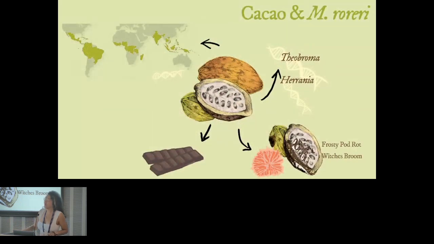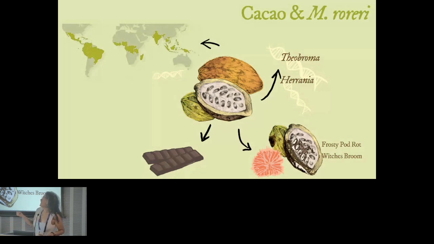Up to date, we have a lot of outbreaks of Moniliophthora roreri in cultivars of cacao in South and Central America, mainly. The fungus actually entered Brazil just a few years ago, 2018. We had the first outbreak in Brazil.